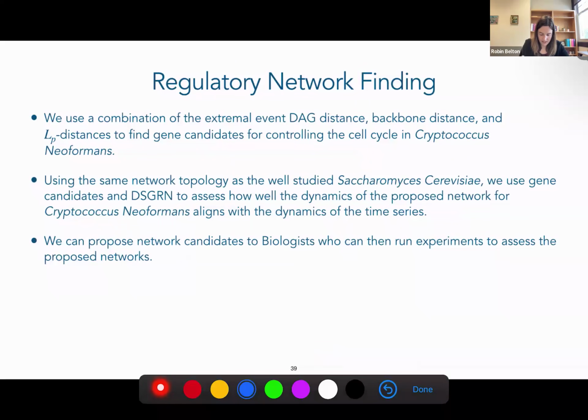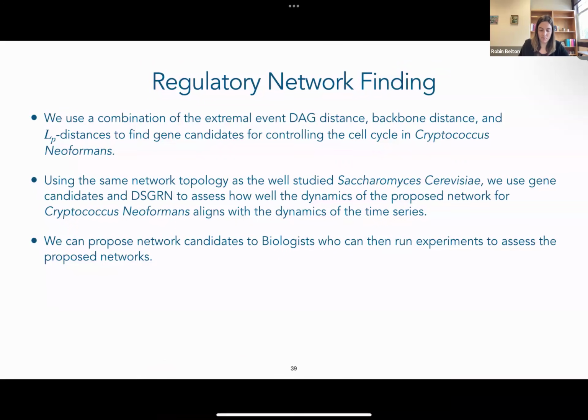All right. So we have our gene candidates. And then our second bullet point is that, using the same network topology as the well-studied Cerevisiae, we use gene candidates and DSGRN to assess how well the dynamics of the proposed network for Cryptococcus aligns with the dynamics of the time series.